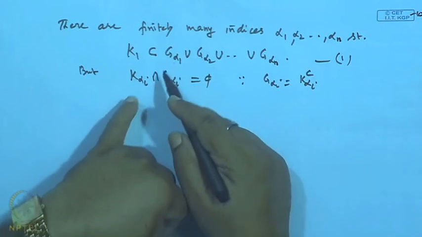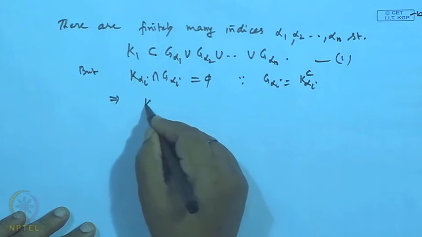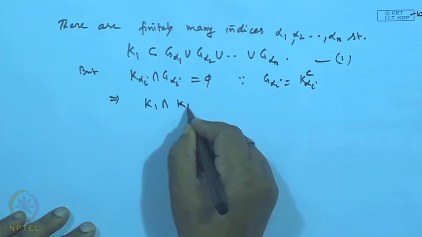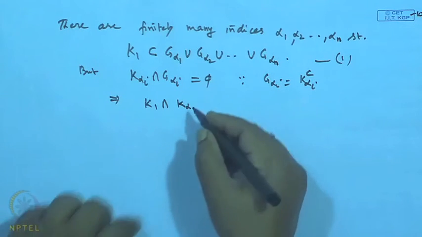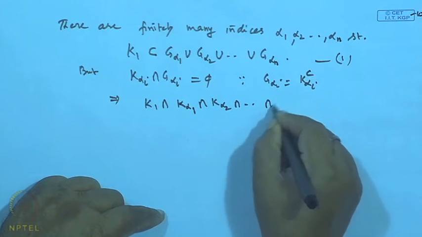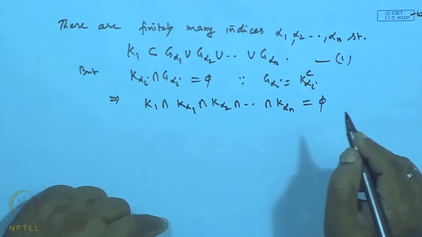So, K 1 intersection K alpha 1 intersection K alpha 2 intersection K alpha n will be the empty set.